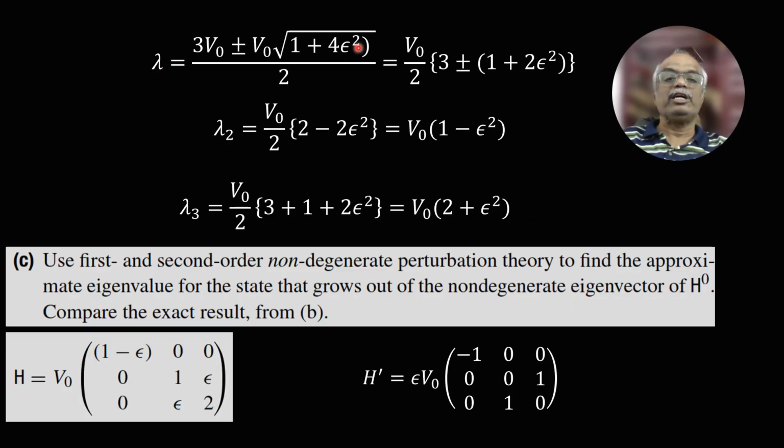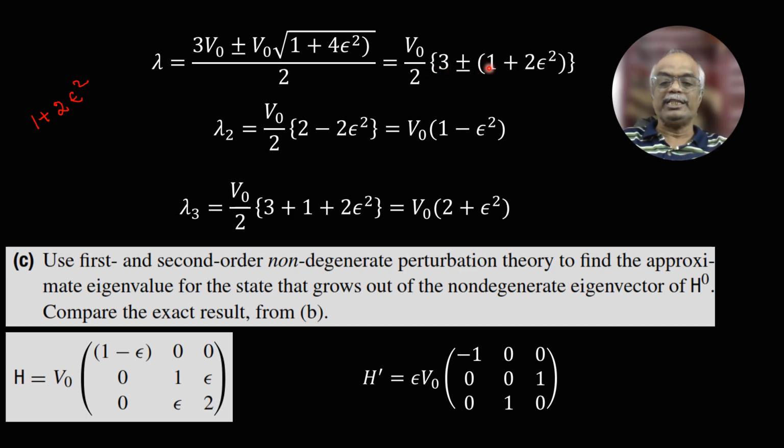We got this value for lambda, so you take V naught divided by 2, and inside you have 3 plus or minus the square root of 1 plus 4 epsilon squared. If you approximate the square root of 1 plus 4 epsilon squared using the expansion series, it can be written as 1 plus 2 epsilon squared. Now take the negative sign first; I'll tell you the reason also.